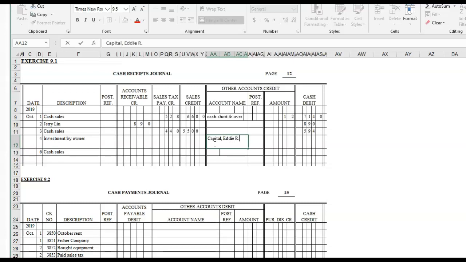Eddie Reynolds. Right? And so we just go ahead and put them on both sides. His investment was $24,000. Okay.